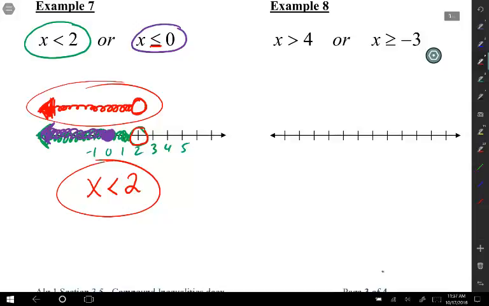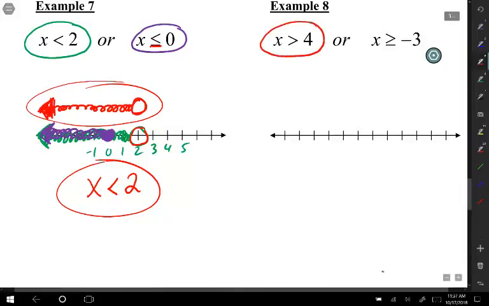All right. Moving on. I'm going to start here with red. X is greater than 4. Shade to the right. We're going to go back to purple, one of my favorite colors.